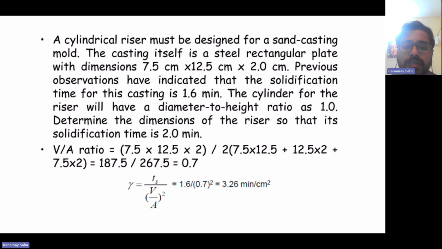Now for the casting, the dimensions are 7.5 cm by 12.5 cm by 2 cm. So the area is found as twice of LB plus BH plus LH, and the V by A ratio is 187.5 by 267.5, which is 0.7.